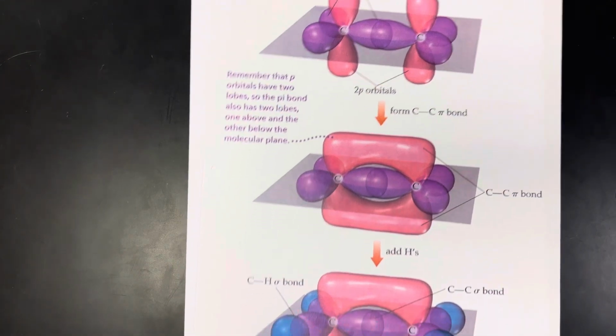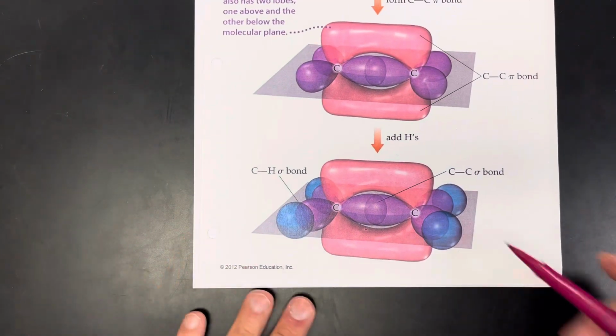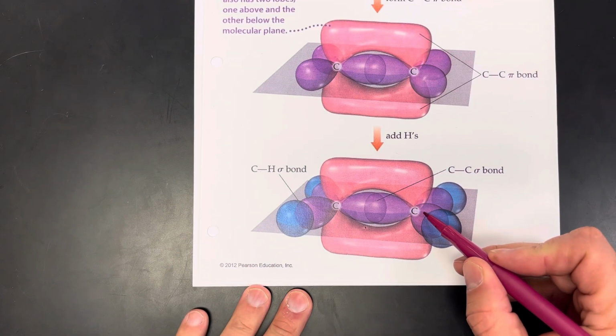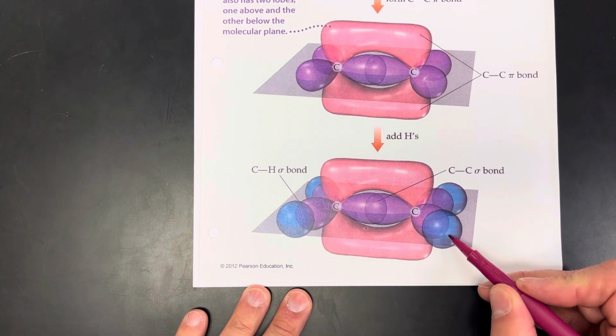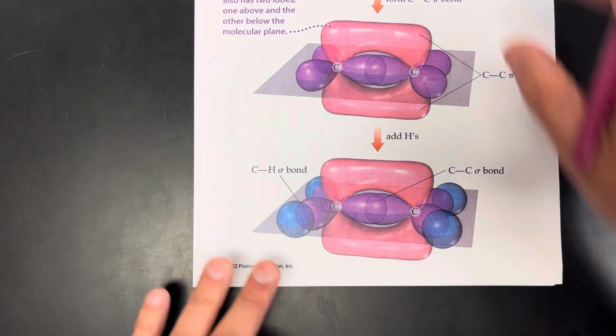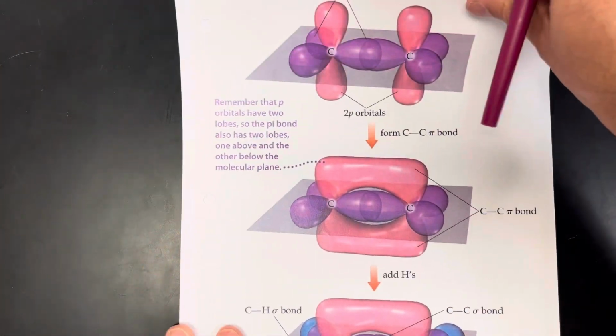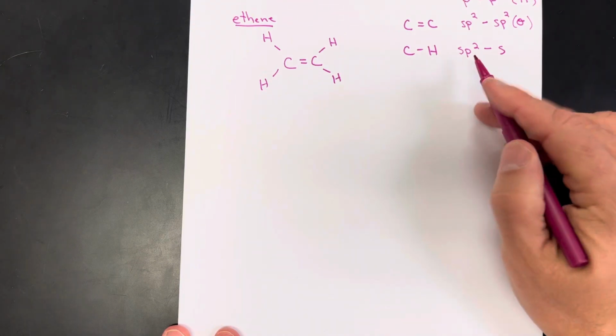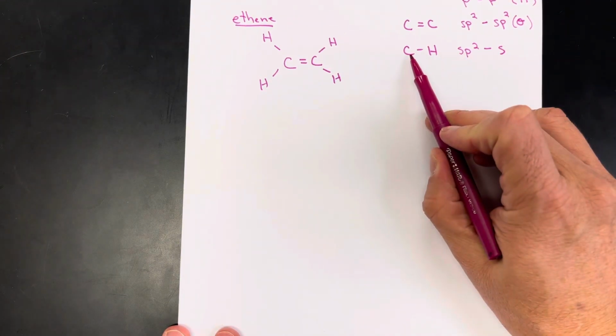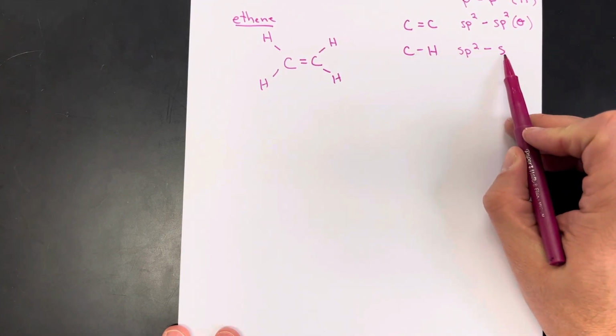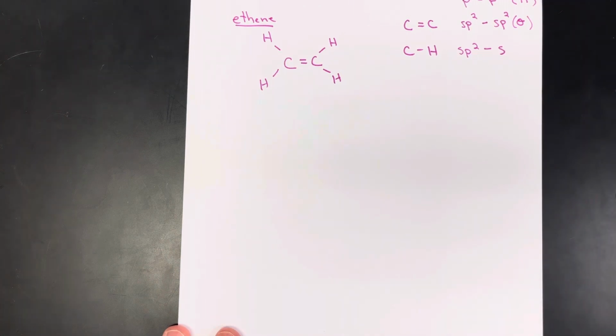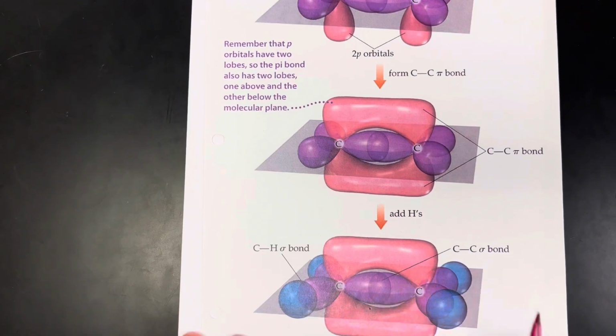And then when we add our hydrogens in, we can see that it's going to be sp2 hybrid orbitals overlapping spheres of hydrogen, okay? And that's like what I have written in my notes. It's going to be sp2 hybrid orbitals of carbon overlapping spheres, or s orbitals, of hydrogen, okay? And there's going to be 4 of them.